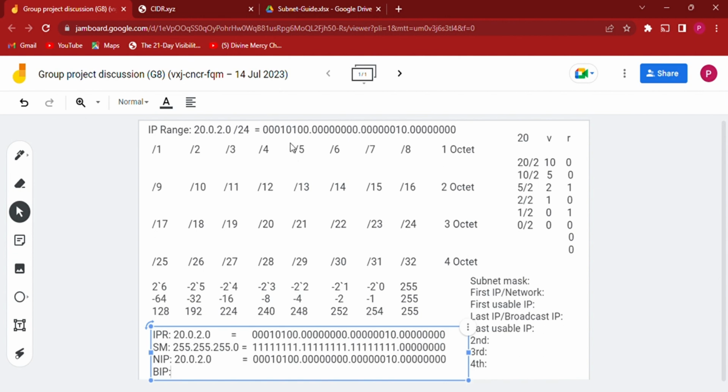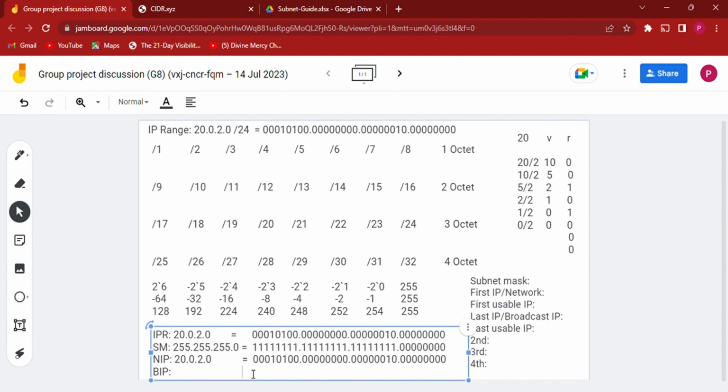As I have mentioned earlier, when it's /24, it means you are reserving 24 for the network and the rest for the host. So to find the last IP, just switch on all the parts that you are keeping for the host, and when you calculate it and convert it back to base 10, you will get the correct IP.